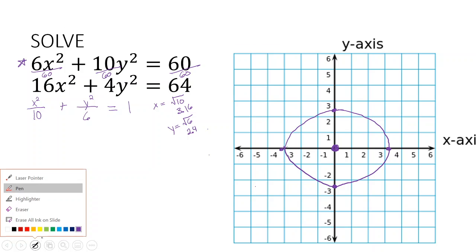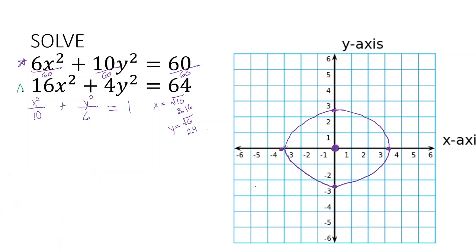So now let's work on the next one, the green equation. First thing I want to do is divide everything by 64. Nice thing about this is 16 times 4 is 64. It's almost like I probably set that up. So it would be x squared over 4 plus y squared over 16 equals 1.